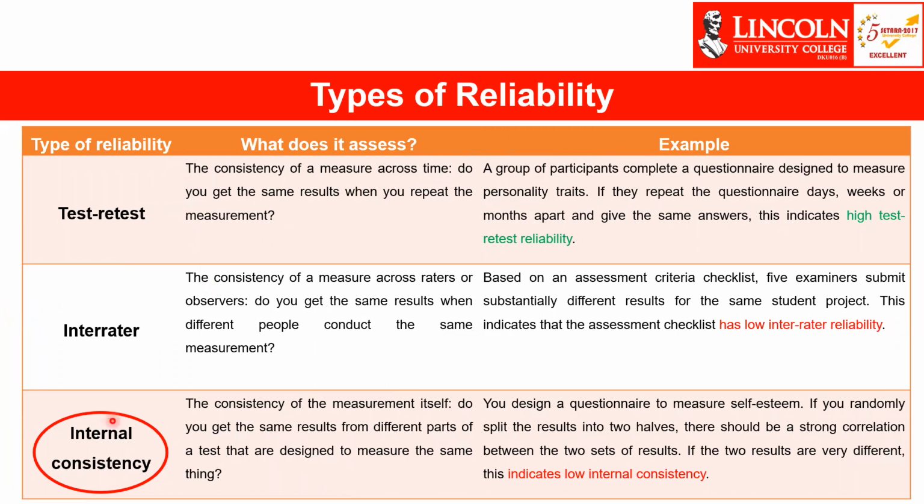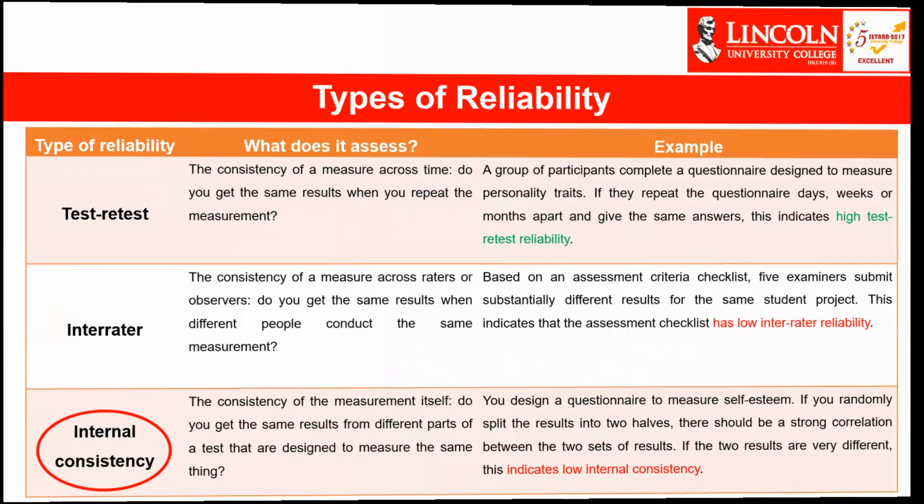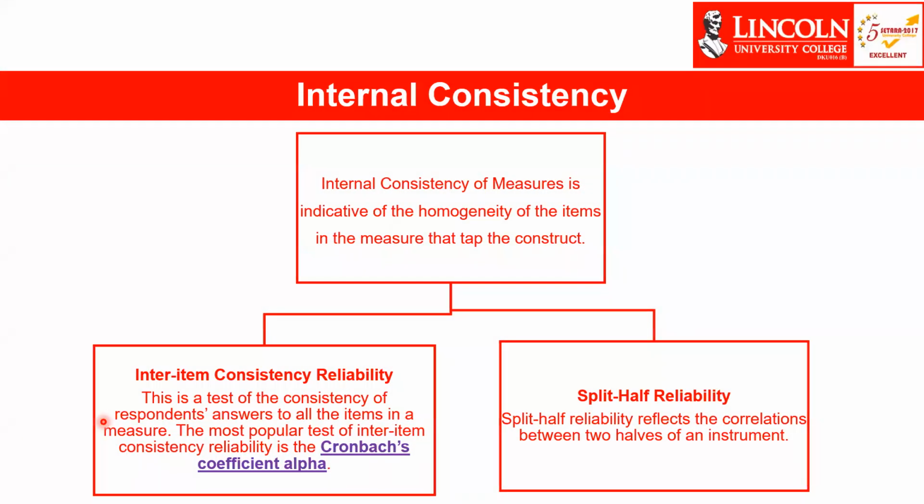So we'll discuss more about internal consistency, because internal consistency of measures is indicative of the homogeneity of the items in the measure that tap the construct. Internal consistency reliability can be done in 2 ways.